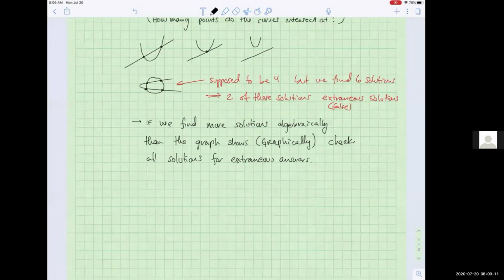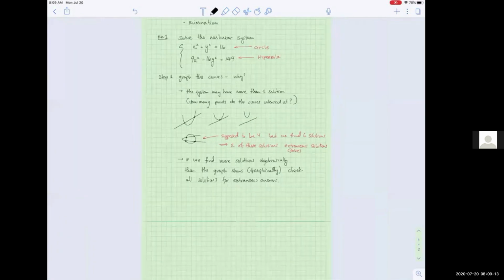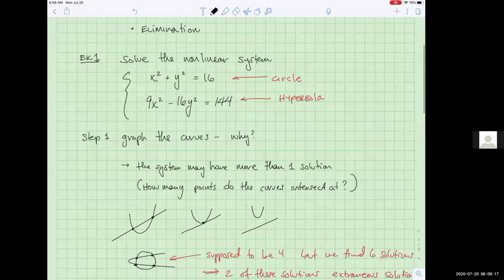So let's take a look at this particular problem. Let's graph these guys. Our equation number 1 here is x squared plus y squared is equal to 16. So I'm going to actually just duplicate this really quick and bring it down.